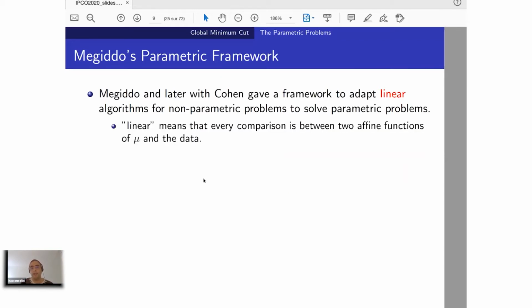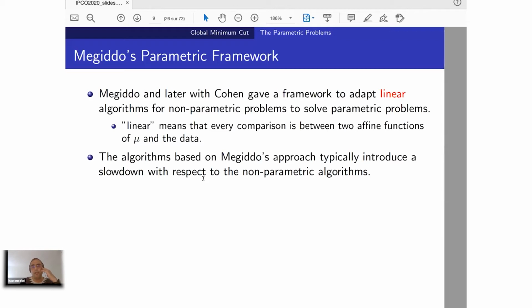By linear here, we mean that in each step of the algorithm, comparisons will be between two affine functions of the parameter mu. This is not a restrictive constraint because many standard combinatorial problems are in fact linear.